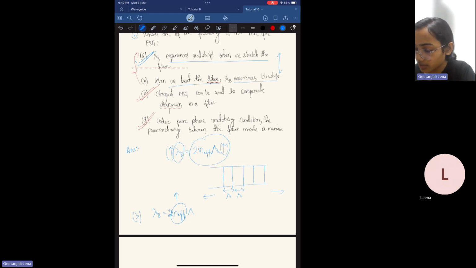So if you heat the fiber, the effective refractive index will increase. So that means the lambda B will also increase. So lambda increasing means we will see a red shift, not a blue shift. So that means the answer will be option B. Okay.